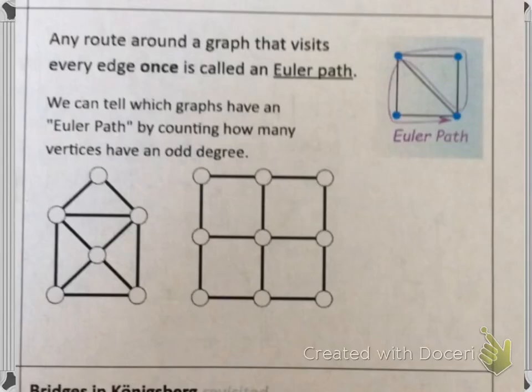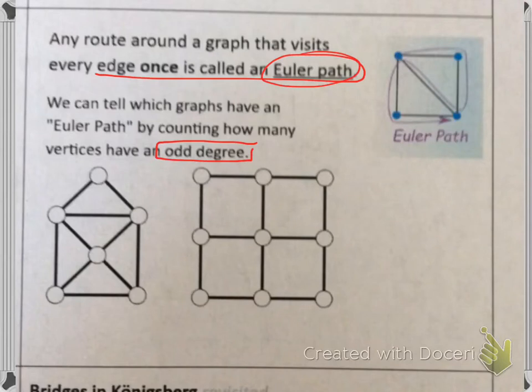So let's see if we can figure out how this is going to help us. Any route around a graph that visits every edge once is called an Euler path. We can tell which graphs have an Euler path by counting how many vertices have an odd degree. So just like we were counting how many of those edges came into each vertex before, we're going to do it now.